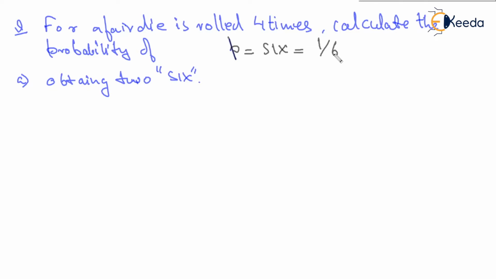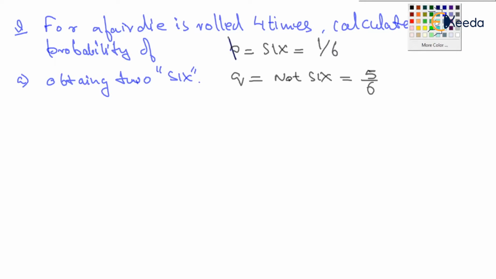So getting 6 is 1 by 6, and failure is not getting 6. So this is going to be 1 minus 1 by 6, which is 5 by 6, and this will remain same for all the trials, right? It won't change. Now the number of trials we have is 4. It is rolled 4 times, so n is equal to 4.